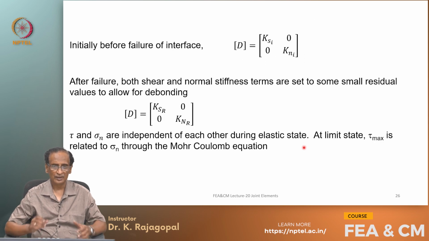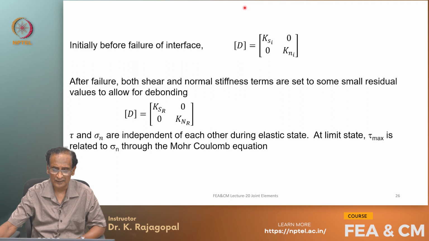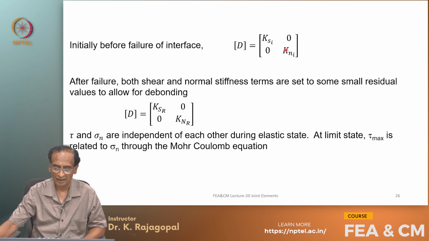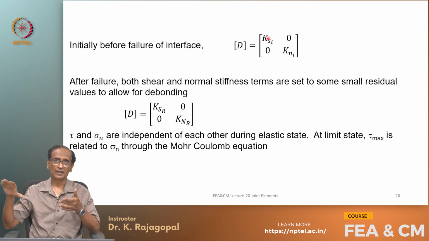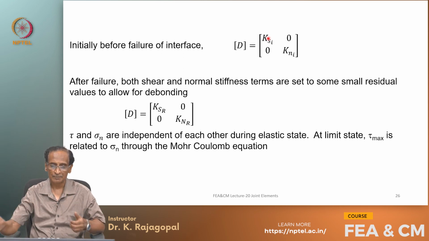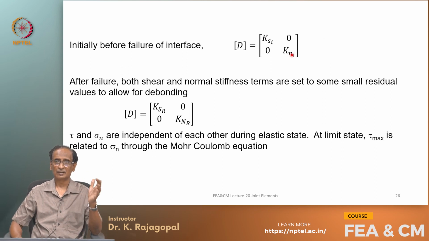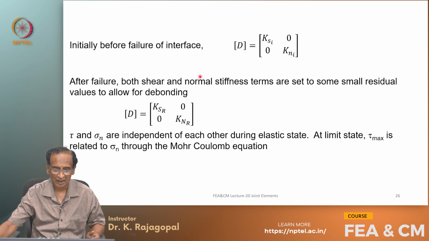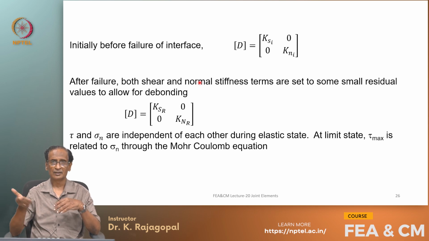And how we operate with these interface elements is that before the failure we will assign some initial values KSI and KNI, where KSI is the one that we determine from the modified direct shear test, and Kn is our normal stiffness. Usually we set it to a very high value, and after we reach the limit state we can relax our Ks and set it to some small value.